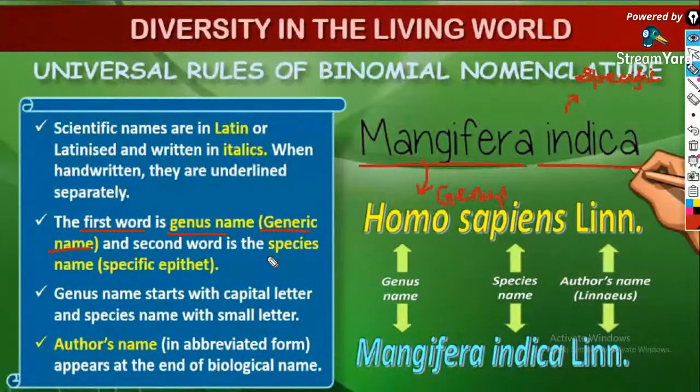The 4 marks were awarded to those students who bubbled the answer as specific epithet. Please avoid the confusion; no need to study it as specific name or species name. So you have to study like this: in a scientific name, the first word denotes the genus name or the generic name, and the second word denotes the specific epithet.